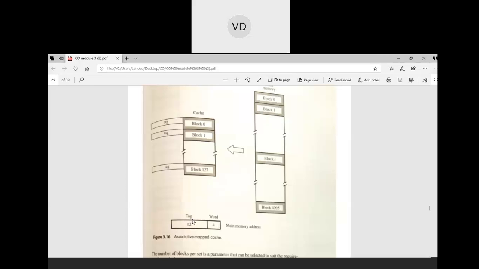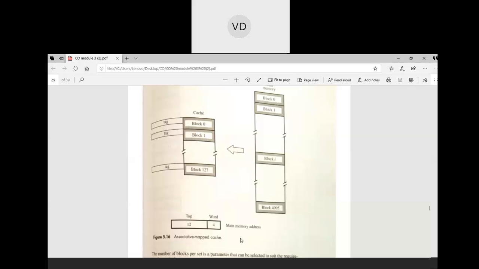Since we do not have any formula here, each block of this main memory can be stored in any other block, is it not? So that is why we have 12 bits of tag. Directly, the block number of this main memory is matched with the tag here.